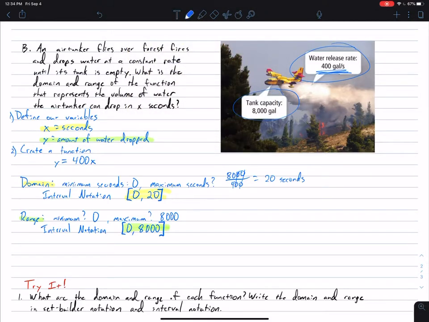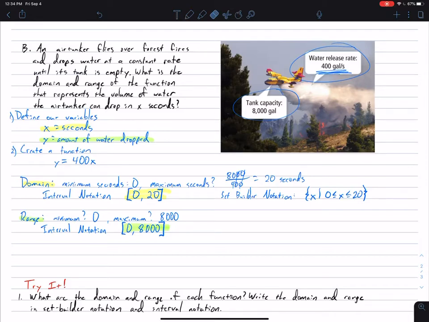If we'd wanted to write this in set builder notation, what we would have is x such that 0 is less than or equal to x, which is less than or equal to 20, because our x value is going to need to fall in between those.